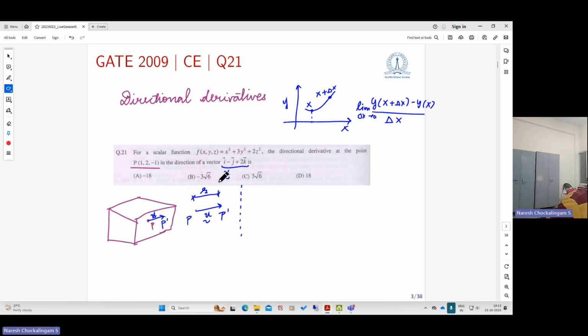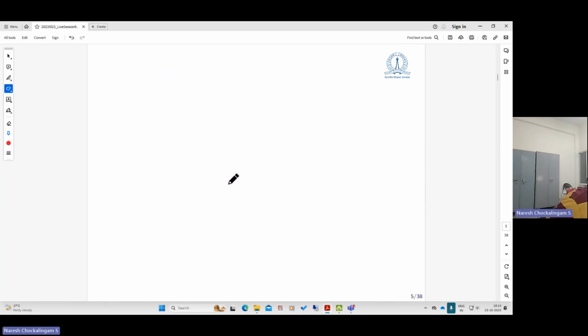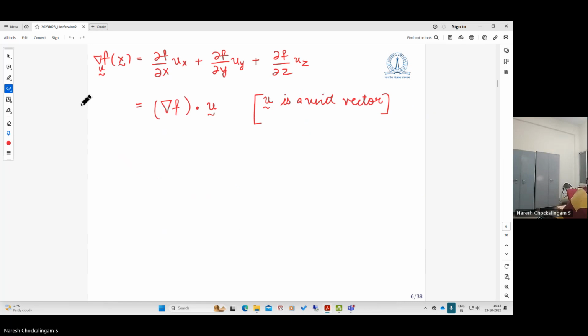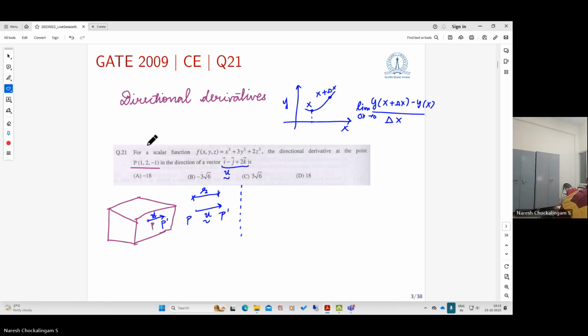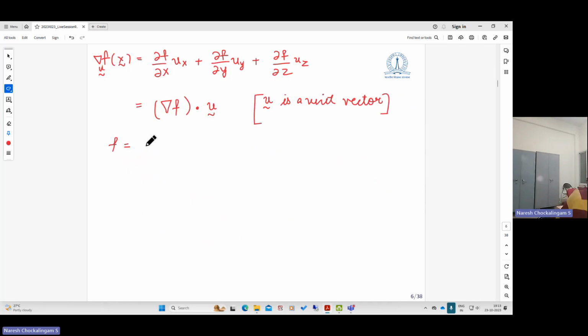So let us take, in our case, what is f? In our case, f is x square plus 3y square plus 2z square. Let us find out grad f. So partial f with respect to x is nothing but 2x.